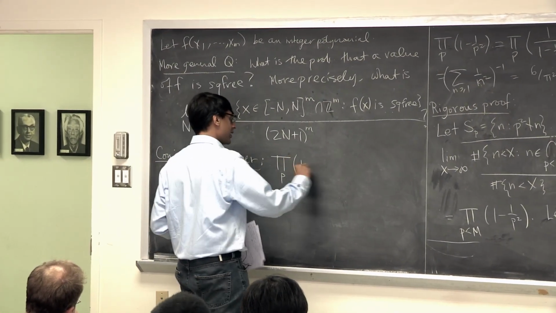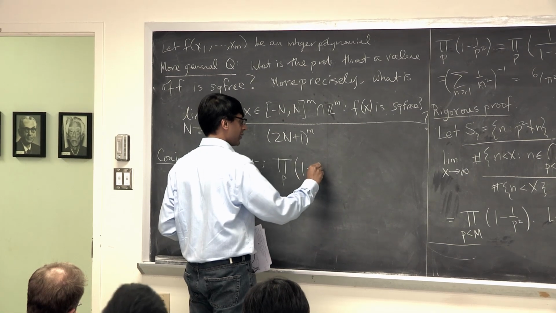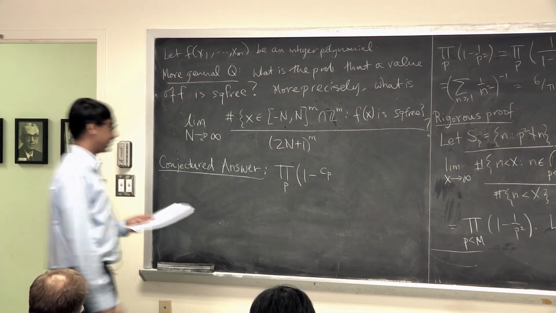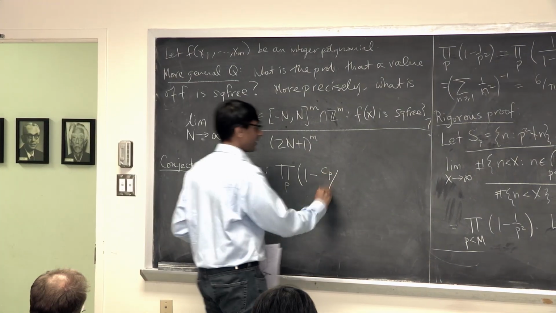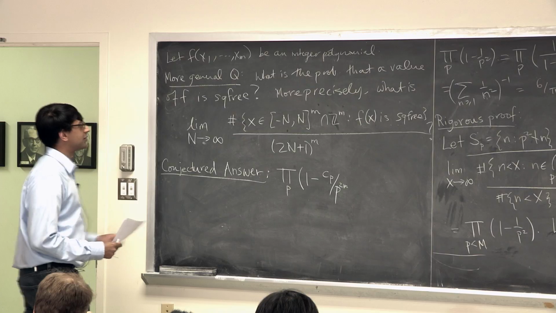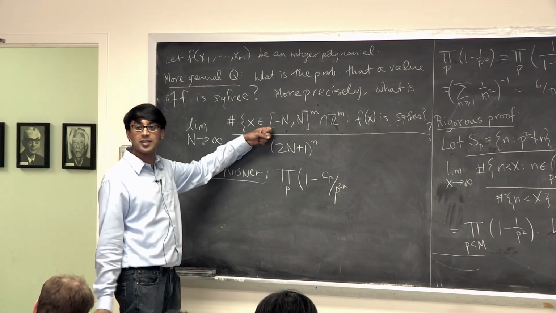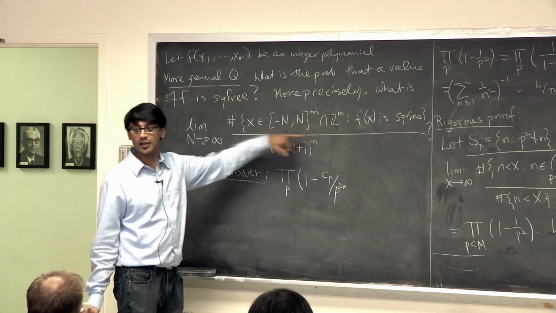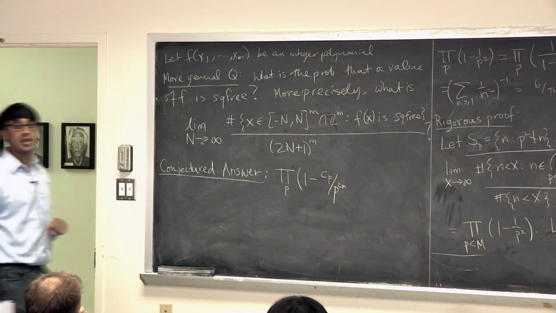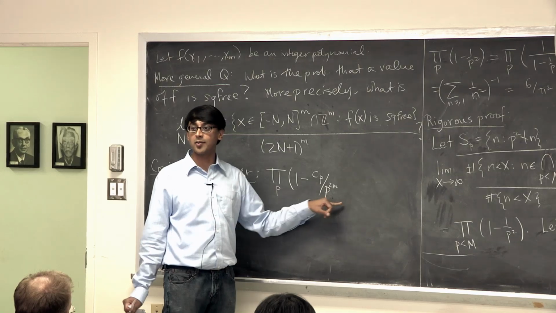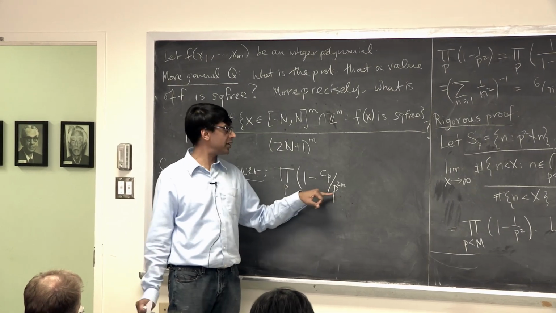And it should be 1 minus cp over p to the 2m. The reason it's p to the 2m is that there's going to be a congruence condition mod p squared on m-dimensional lattice points. The number of m-dimensional lattice points mod p squared is p to the 2m, that is, Z mod p squared to the m.